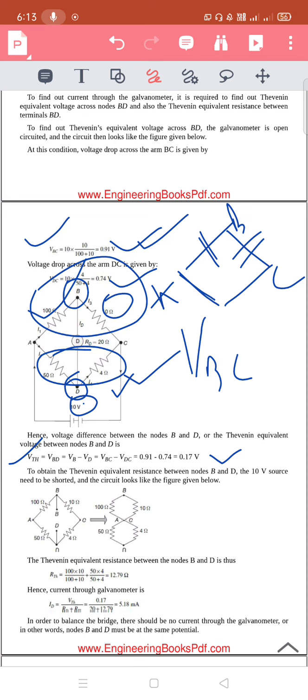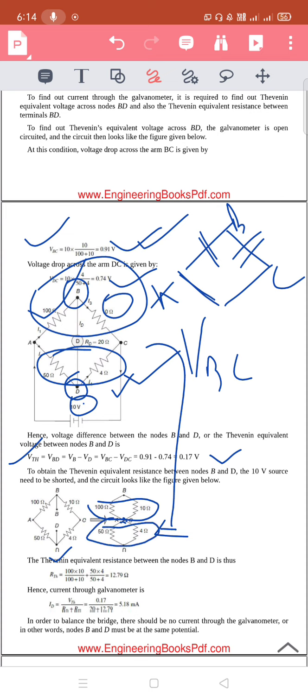To find the Thevenin's resistance, we have to convert this circuit into this. Here this is not N, this is D. Our A and C are connected at one point here, and by applying the parallel rule, 100 ohm and 10 ohm are connected in parallel, and 50 ohm and 4 ohm are connected in parallel.